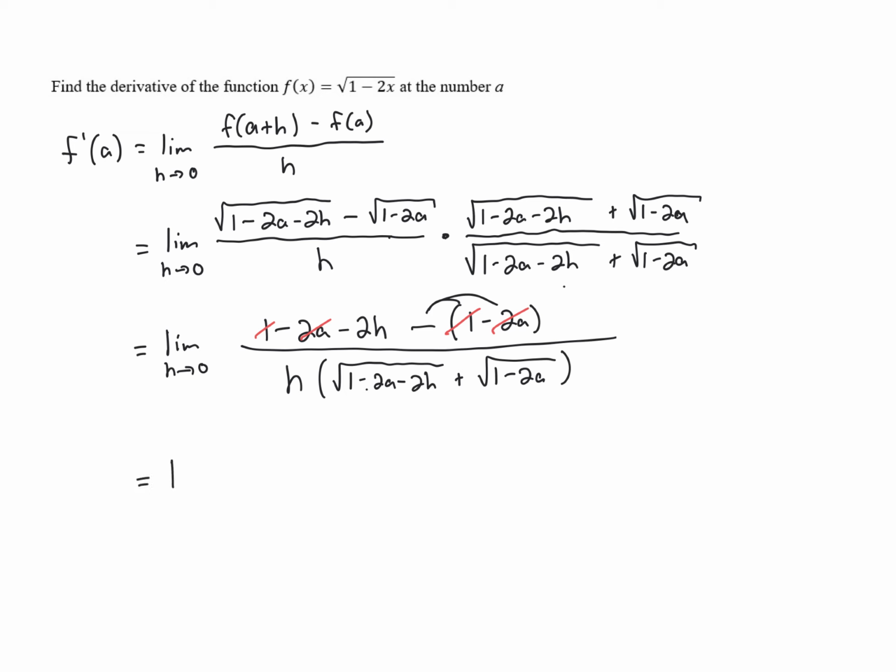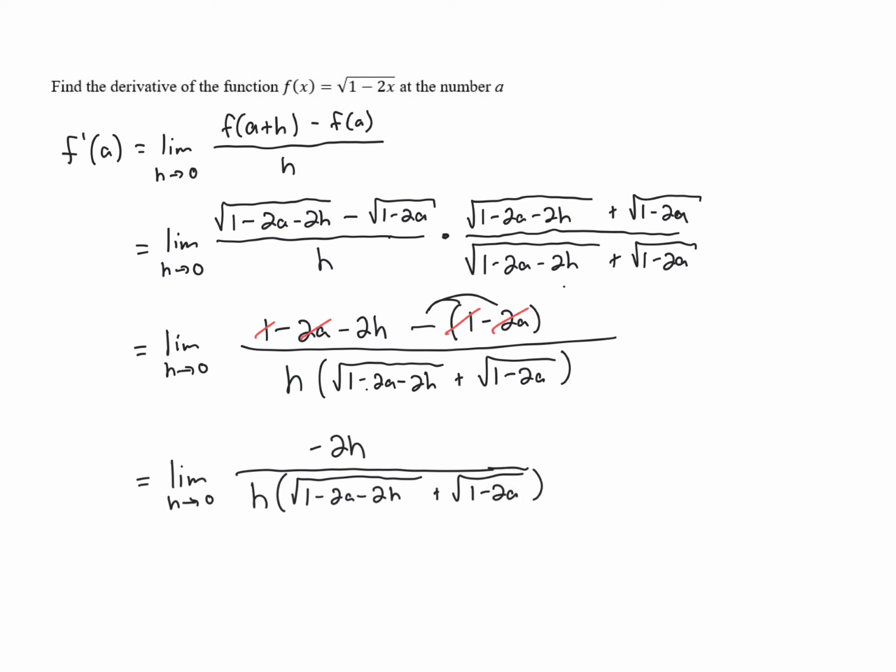So we've got our limit as h approaches 0. The numerator is just going to be negative 2h. The denominator is going to have that h in it, and then the sum of these square roots, which I am writing out now.